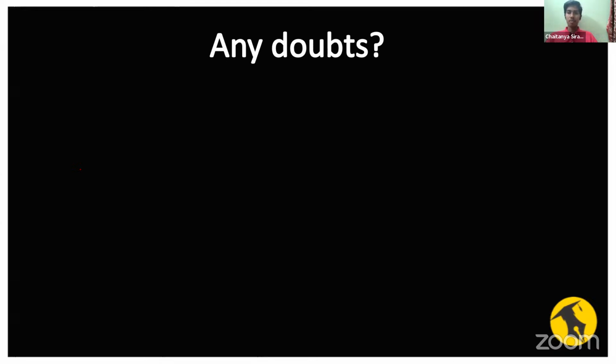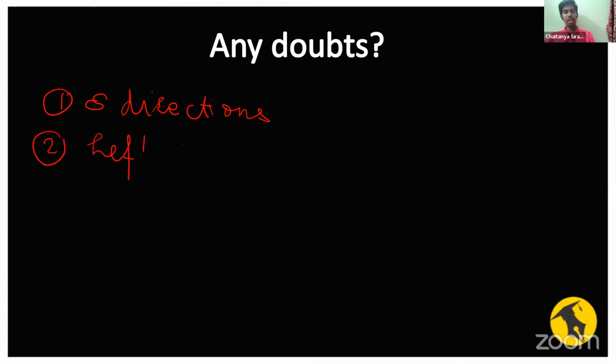I'll quickly revise what we learned, the theory part, and what kind of application questions can be there in your exam. So first we saw directions, then left and right. You need to keep these in your mind when you solve this question.